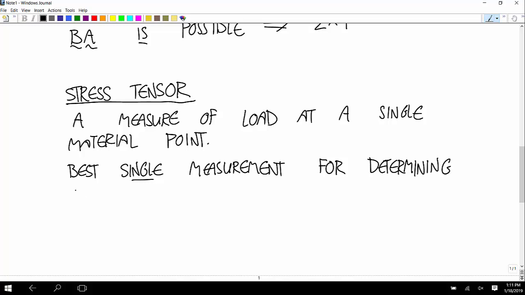So, for determining the likelihood of fracture at a point.